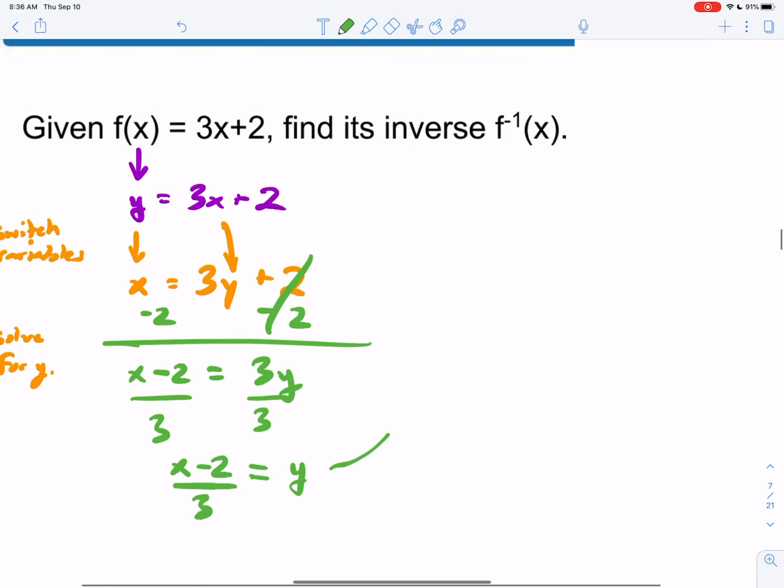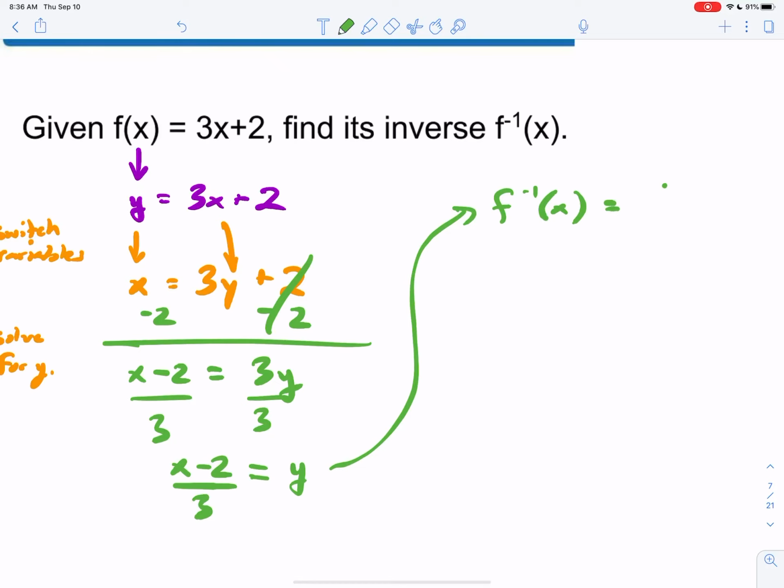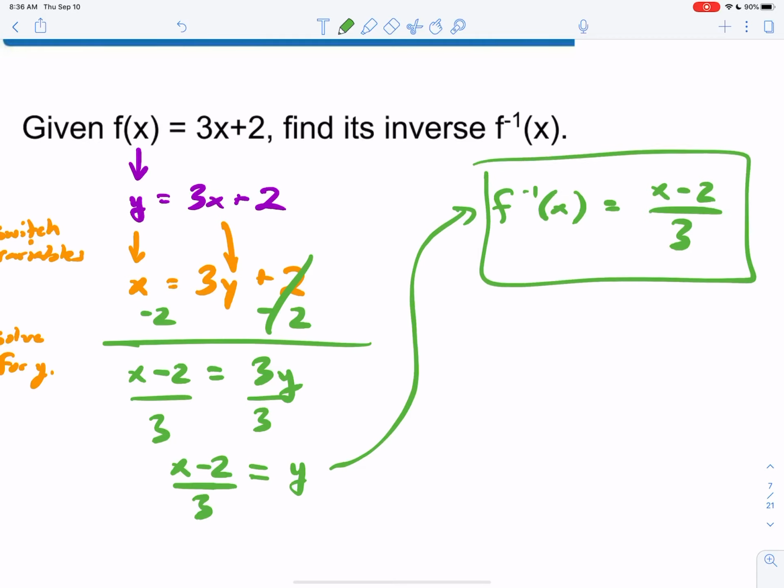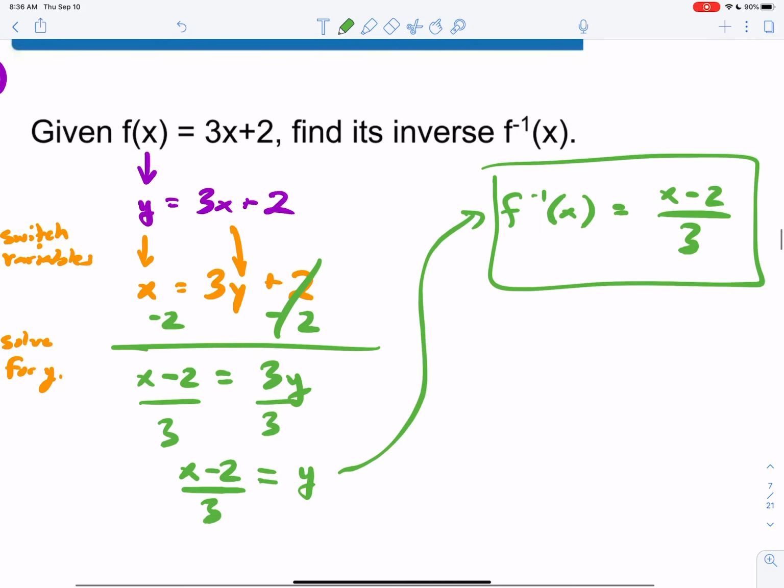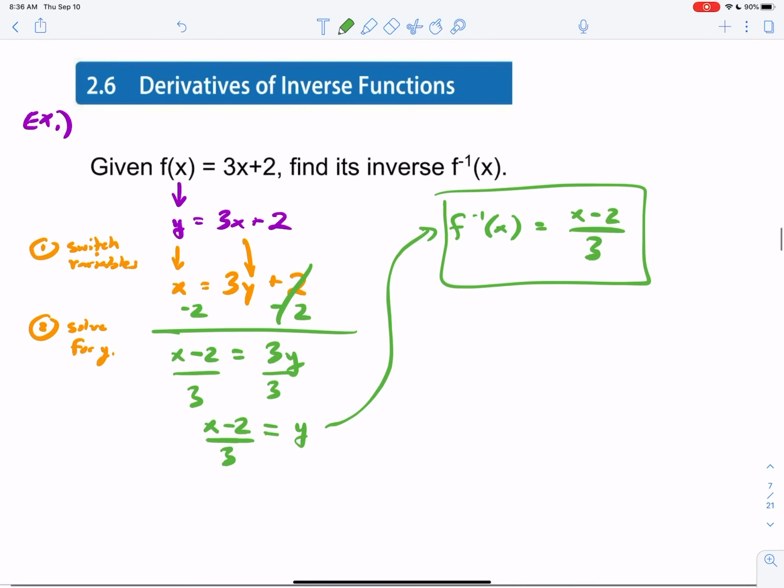So what we do here is, instead of y, I'm going to write the inverse of x. F inverse of x is equal to x minus 2 all over 3. And there's your inverse. Okay? Hopefully that was a good refresher, but don't worry if you're learning that for the first time, okay?